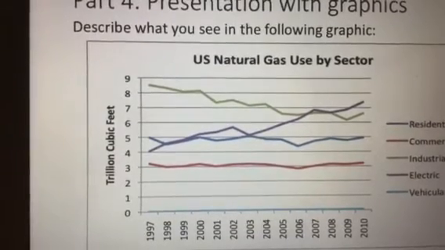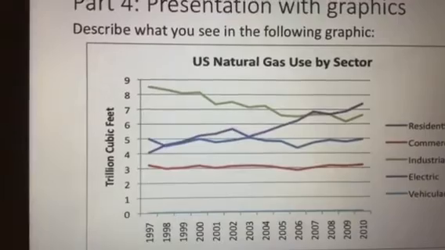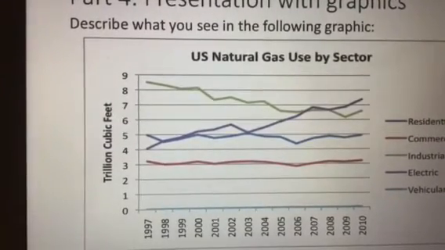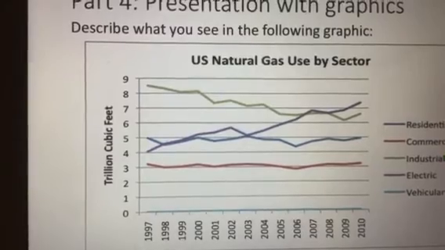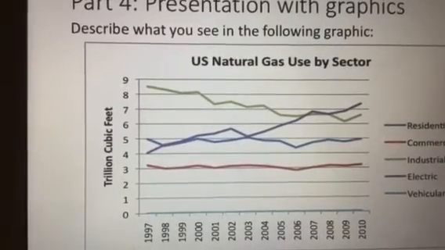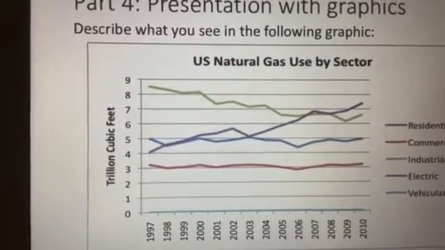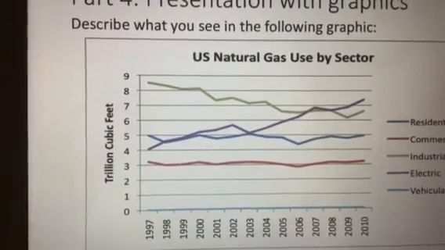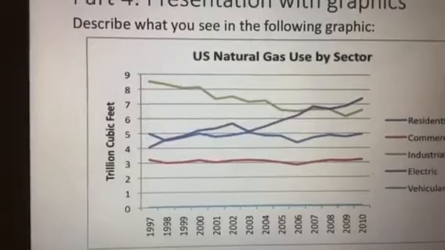Then we can see the electric sector. The electric sector started at 4 trillion cubic feet in 1997, but in 2002 it came up to 5.8 trillion cubic feet.